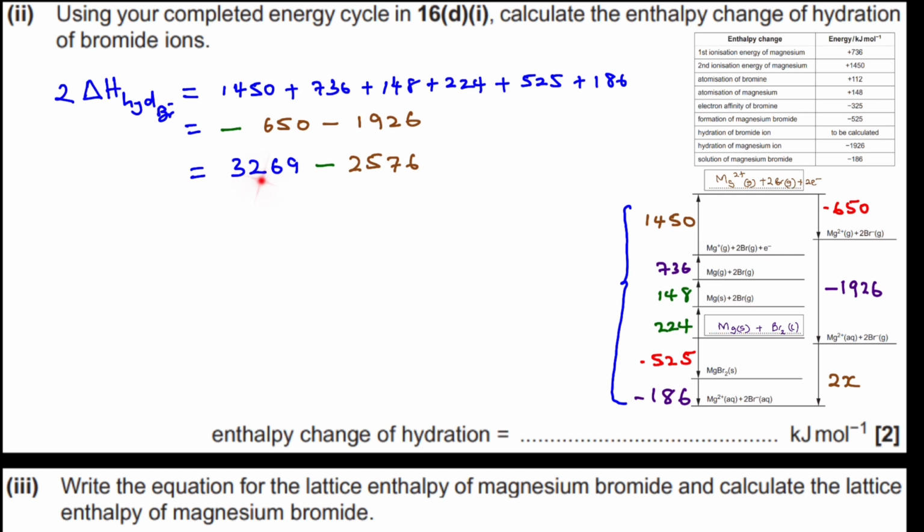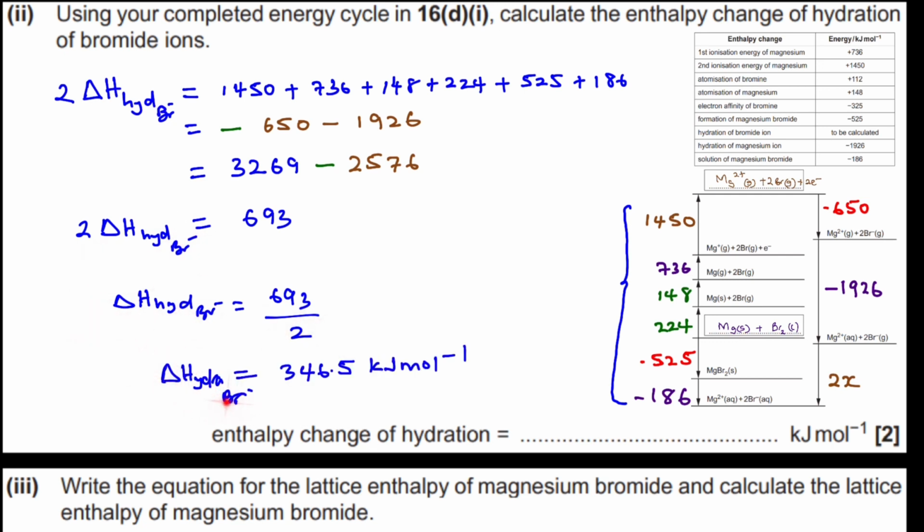That's the blue one, 3206, and the brown one, we take away from the negative of the brown one, 2576. So that plus that is 2576, and the next thing we do is the difference is 693, divided by, because it's 2 of them, we divide it by 2, and that gave the hydration of bromide ion to be 346.5 kilojoules per mole, and that's how we calculate that.